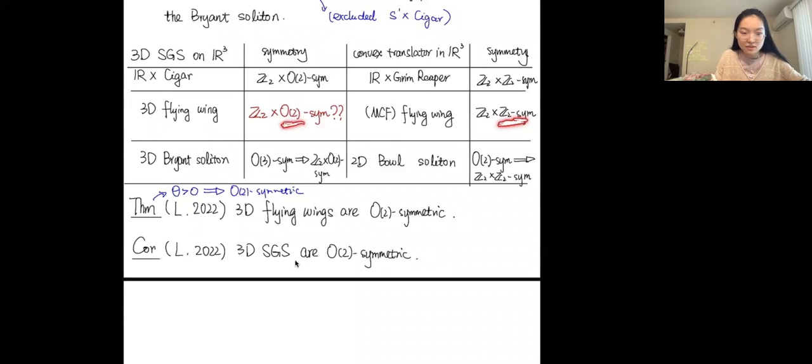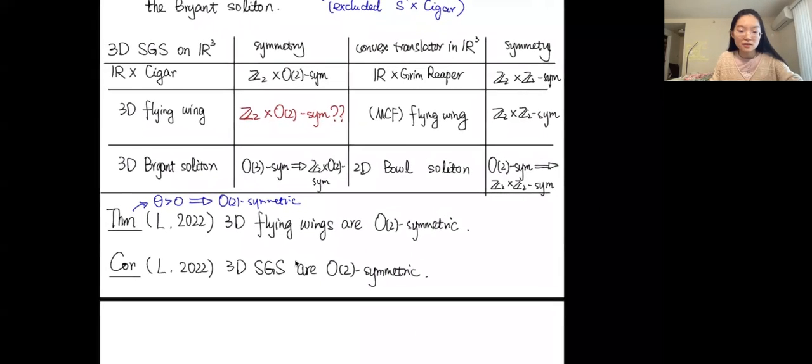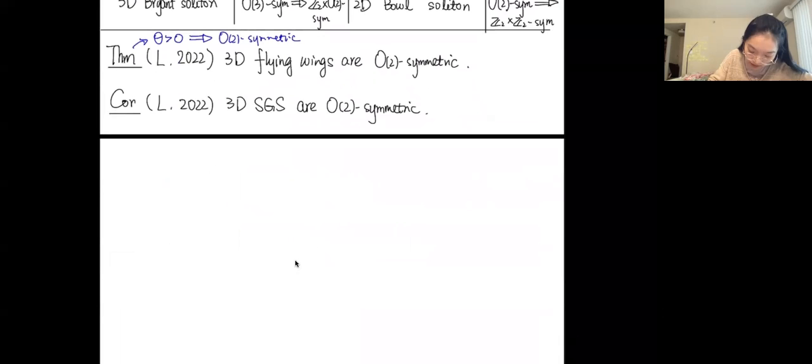But here the O2 symmetry is a continuous symmetry, so we need to do more work. Okay, so the next part is the proof of the O2 symmetry. Only a sketch of the proof, of course.